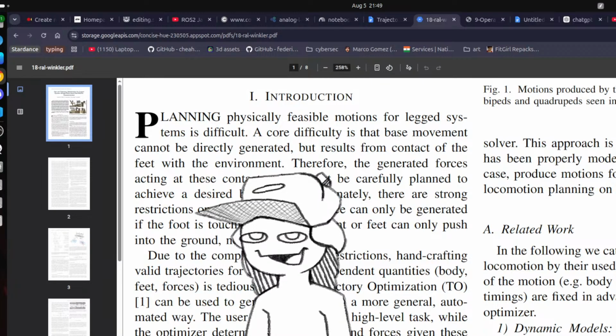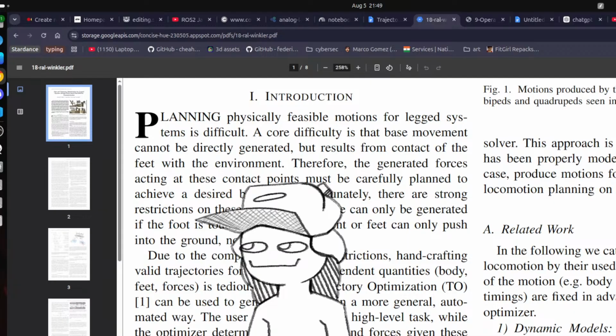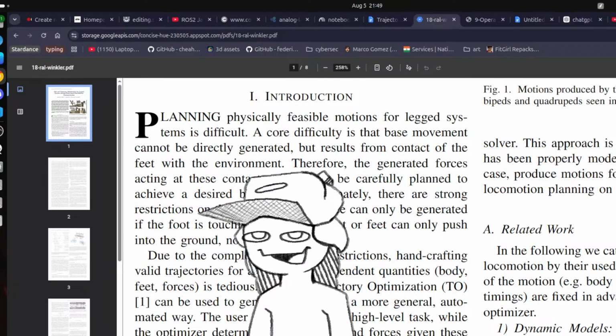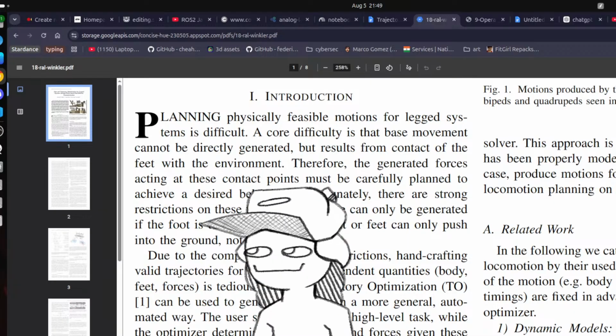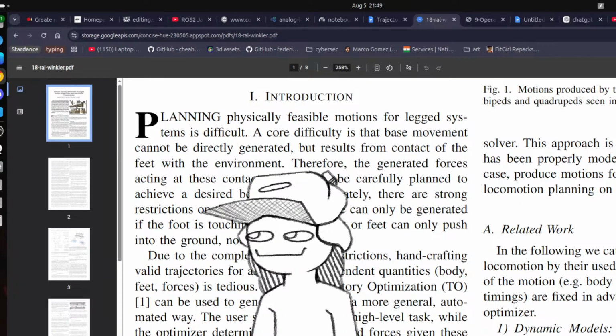I'm just gonna read a bit, and then I'll get back to this.